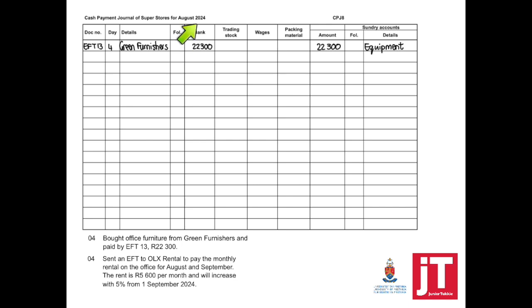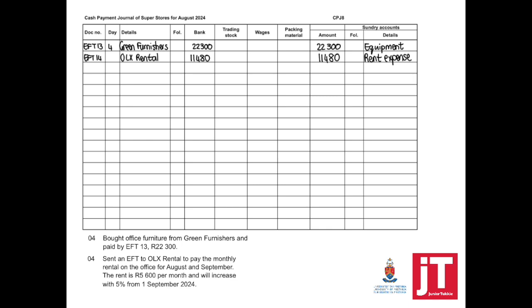Although we are busy in August, a payment was made to pay the rent for August and for September. And the rent will increase from the 1st of September. So there's a little bit of calculations involved here. We start with the source document, EFT, number 14. Who did we pay? OLX rental.